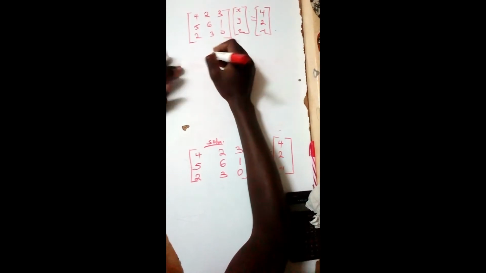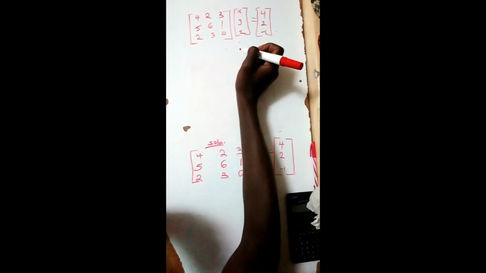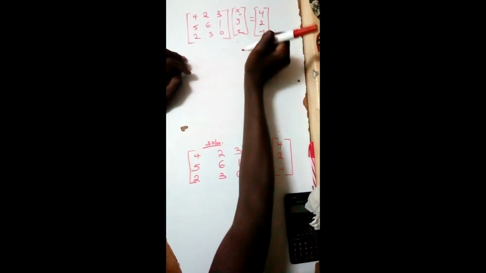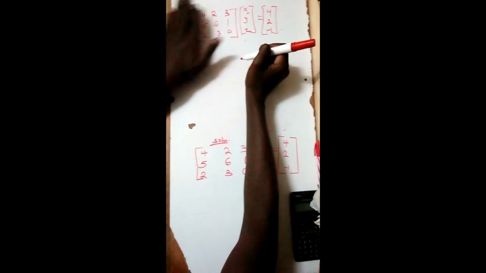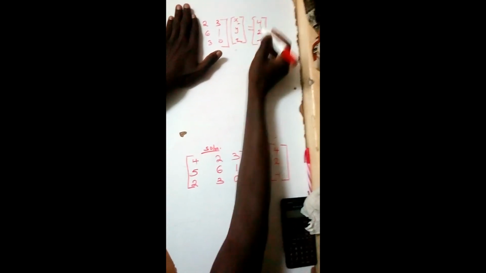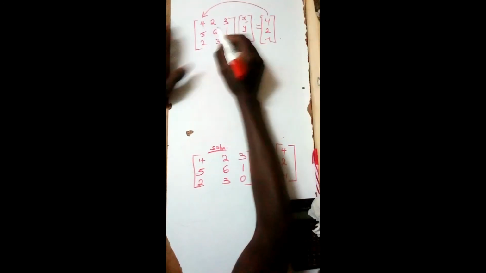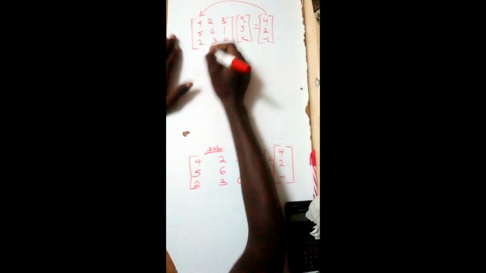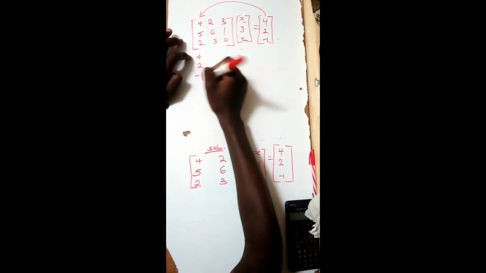First of all, when you want to get the value of x, you block the first column and bring the constants here, so it will be 4, 2, -1.